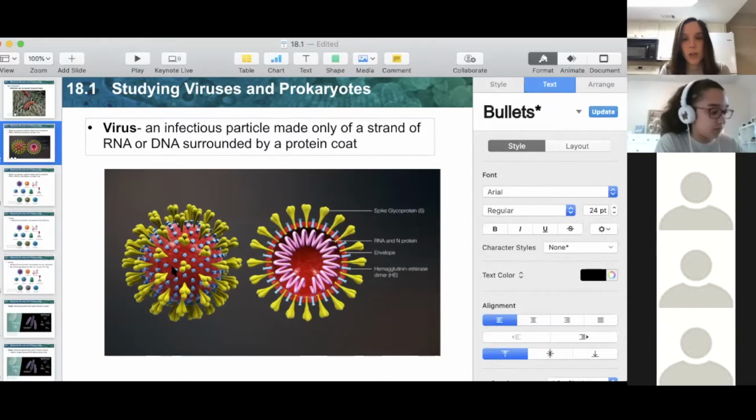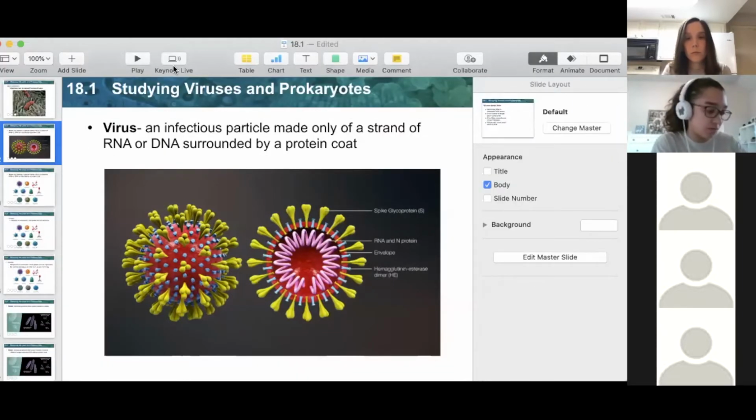So what you're seeing in this picture, the yellow and the red, that's the protein coat that surrounds the RNA or DNA in the virus. And then the pink spiral you're seeing on here, that's RNA. And so viruses can contain either RNA or DNA, depending on the kind of virus.